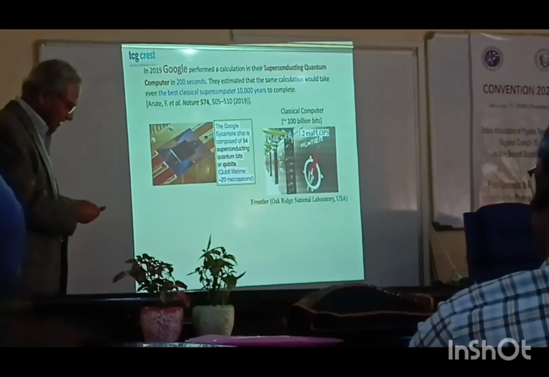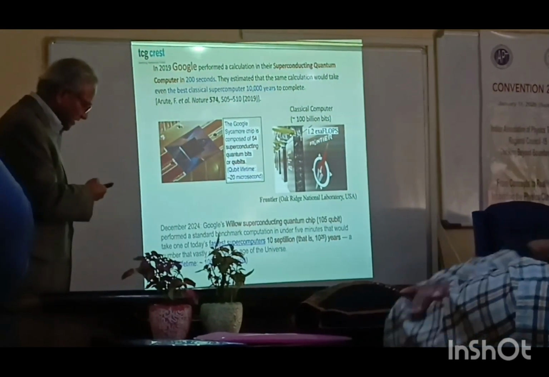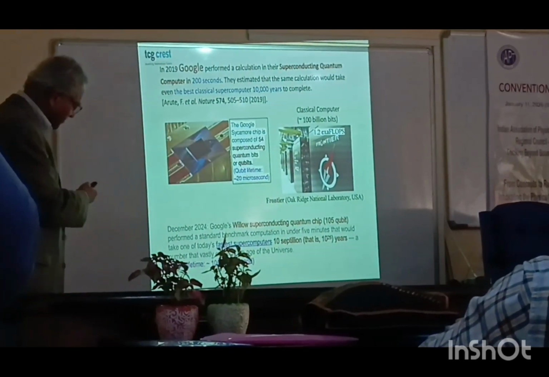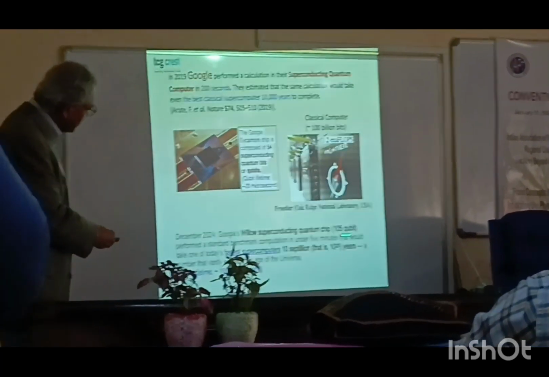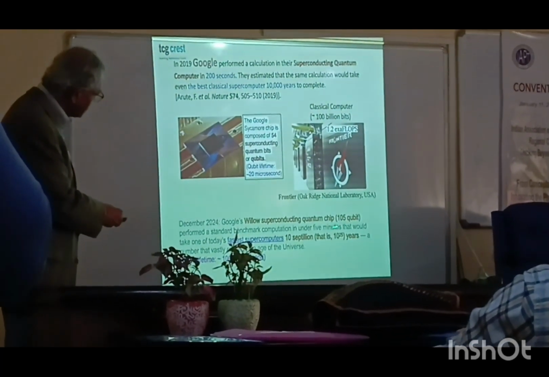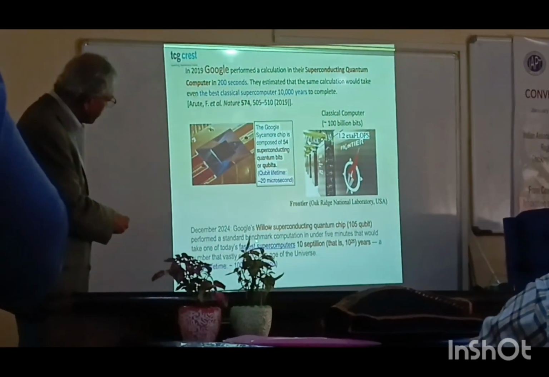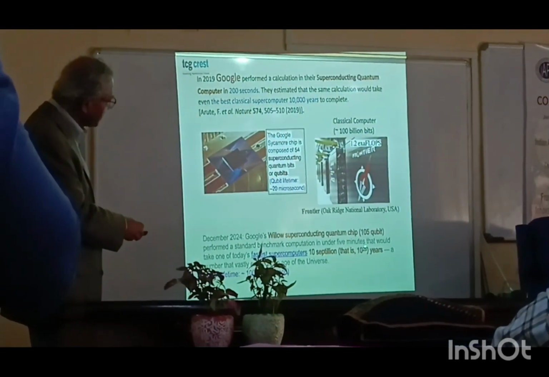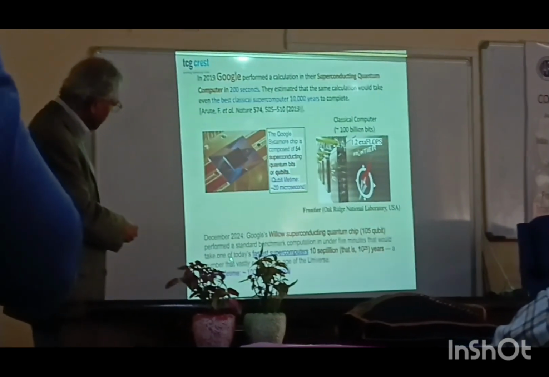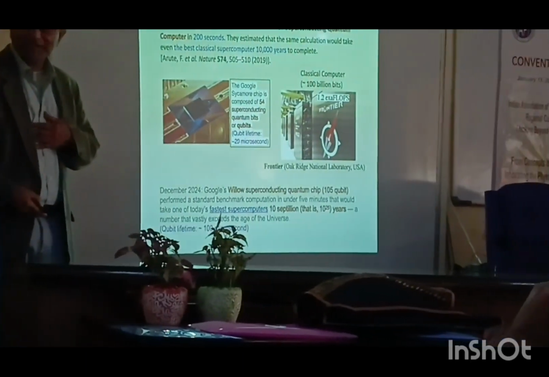Right? And they improved this further a few years later, last year in December. They built a quantum chip with 105 qubits instead of 53, and they performed a standard benchmark computation in under 5 minutes that would take one of today's fastest computers 10 septillion years, 10 to the power 25 years. What's the age of the universe?